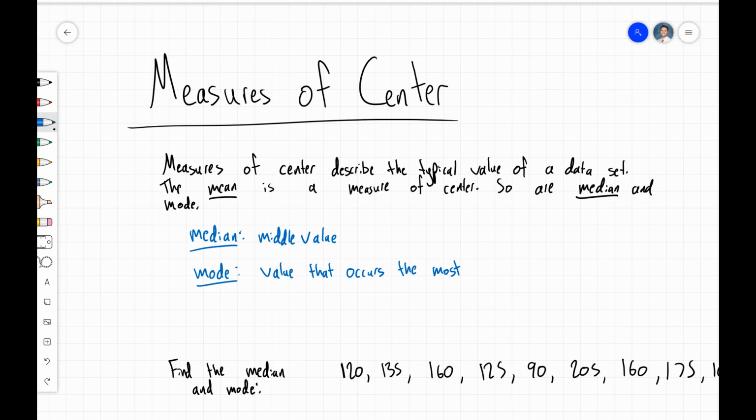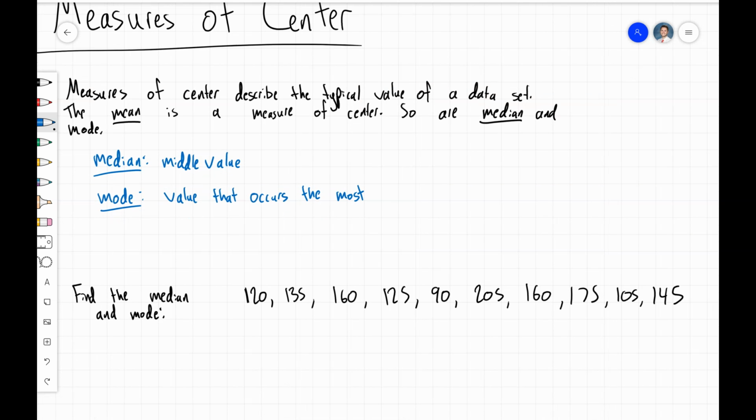Looking at this data set, it's not written in order from least to greatest. So if we want to find the median, we need to write these numbers in order from least to greatest first.